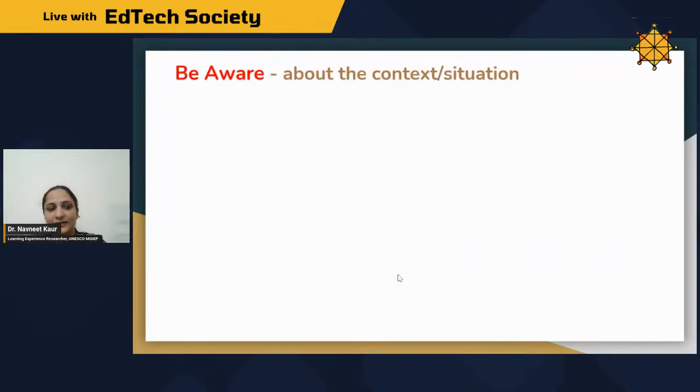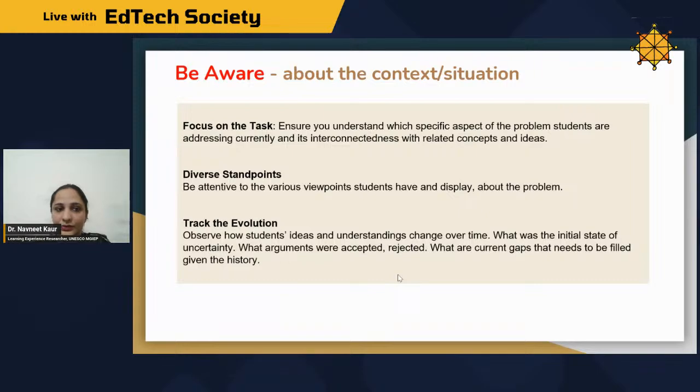So after sensitizing, the next guideline is being aware, as a teacher, of the context or the situation that learners are currently in, in the classroom. So ensure that you understand what specific problem they are currently experiencing and what the interconnected topics are, so that when they ask questions, you can guide them in an informed manner and ask them questions that are connected to the uncertainties, which will help them explore and actually resolve the uncertainty that they have.